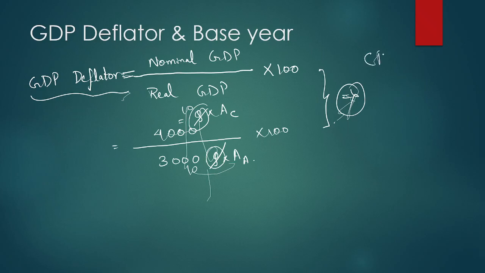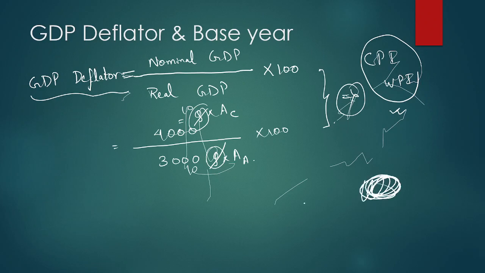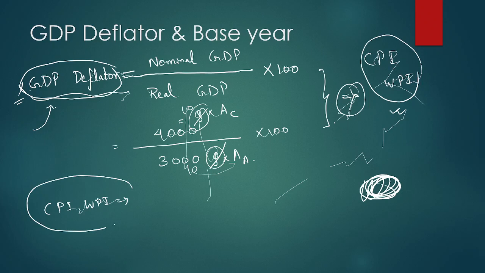And obviously CPI, WPI things we'll discuss in the inflation chapter. They are more preferred, but the problem with these two is that they are based on baskets, but GDP deflator is not such that; everything within the domestic territory can be included in GDP deflator, which is not in CPI, WPI.